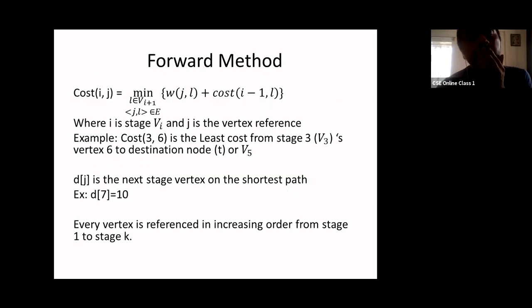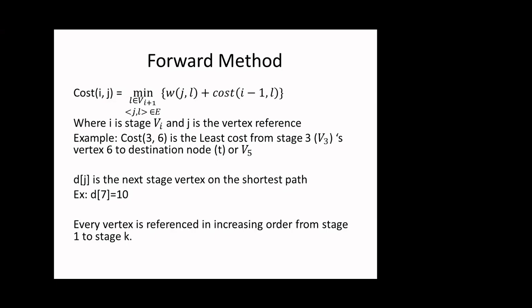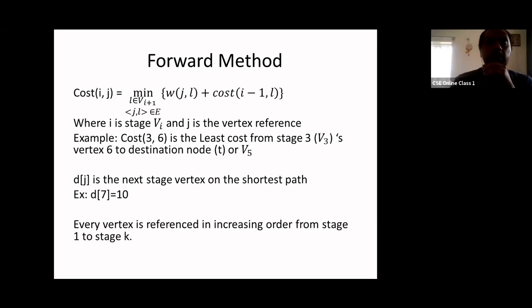So the forward method says that whenever we are finding the shortest path, we generally call it cost of i, j, where i indicates the stage of the vertex and j indicates the vertex of that particular stage, with that reference.